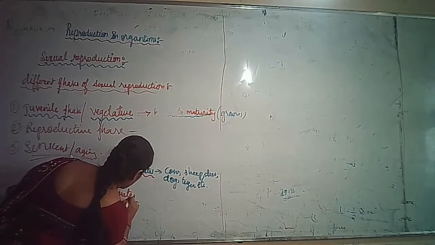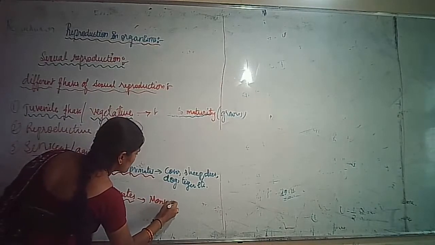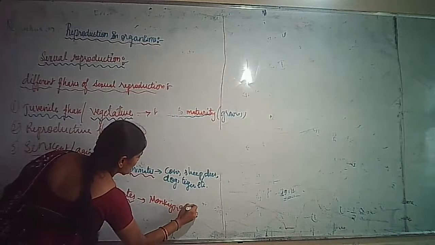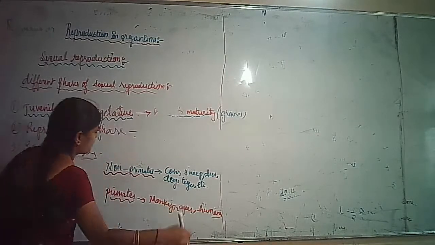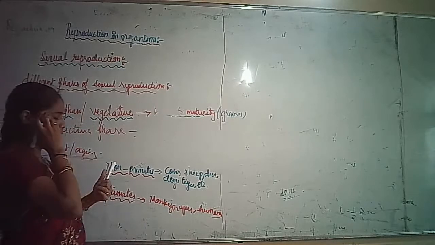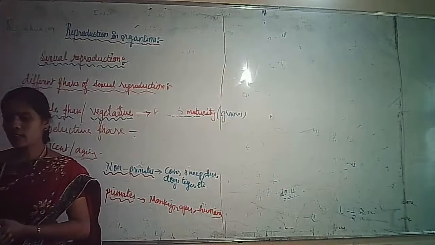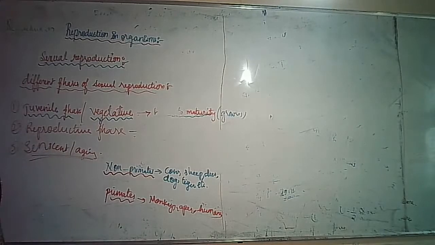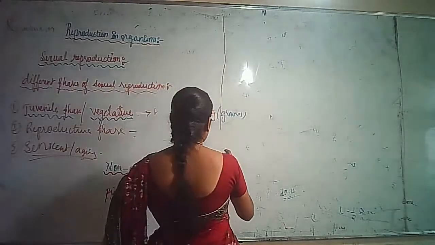Monkeys, apes, and humans come under the category of animals showing different types of reproductive cycles. So in non-primates and primates we can recognize some reproductive cycles.